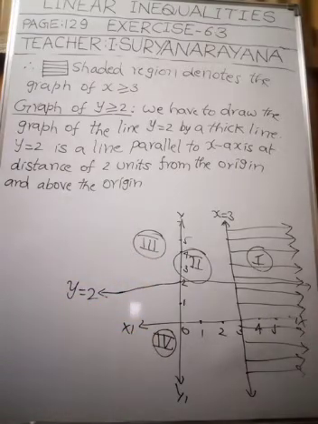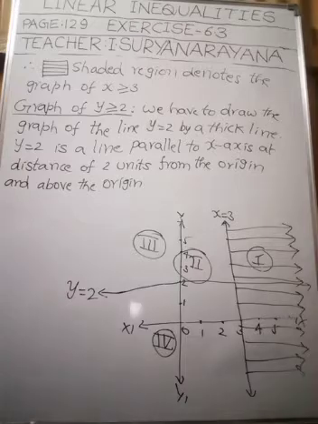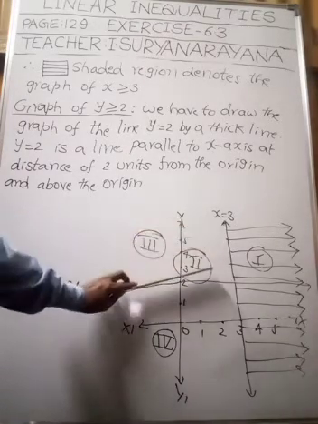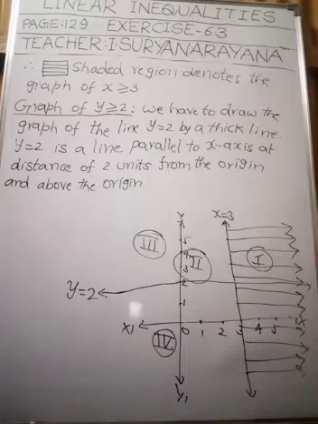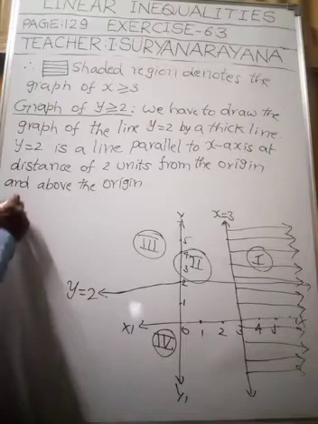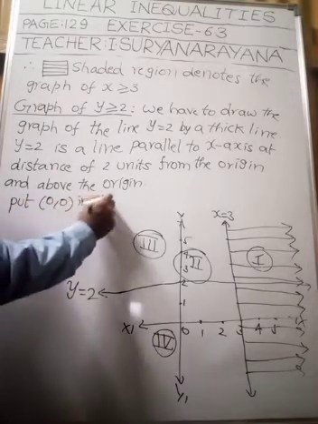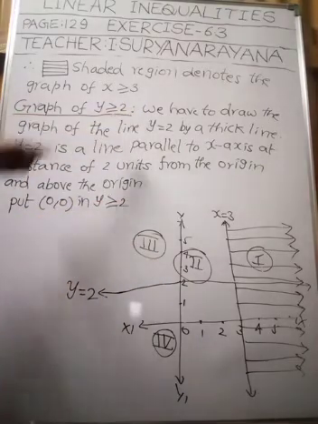Okay, my children, understood? So now we have to question ourselves: which half plane should be shaded? Should the half plane above the line be shaded or the half plane below the line? To get the answer to that question, we have to put 0, 0 in the given inequality.